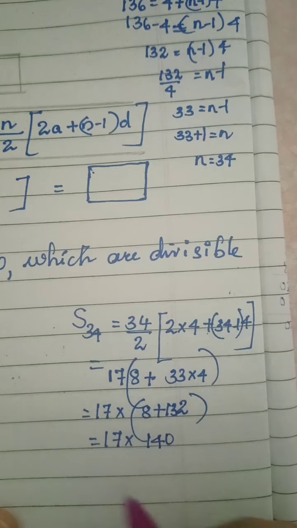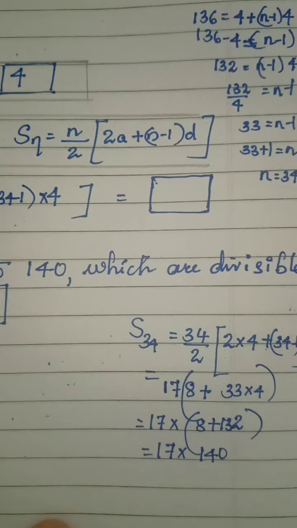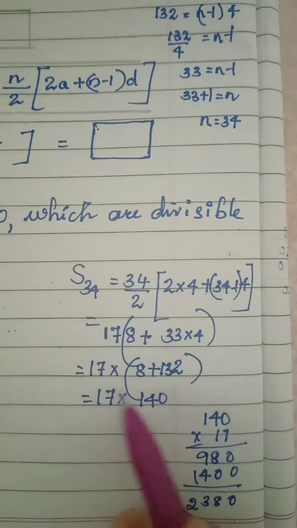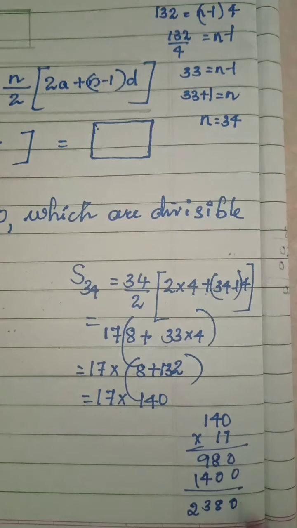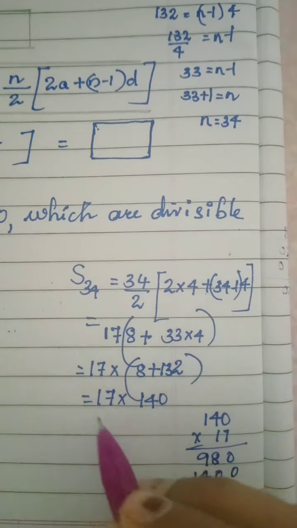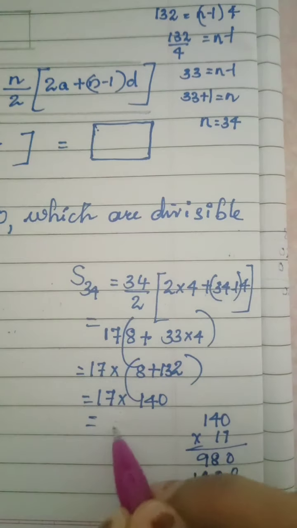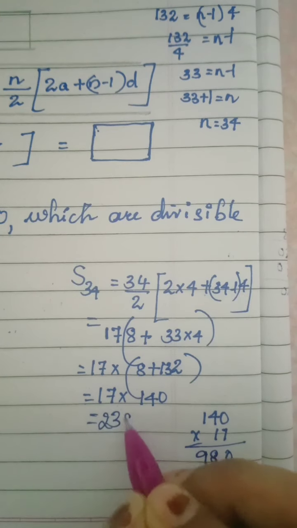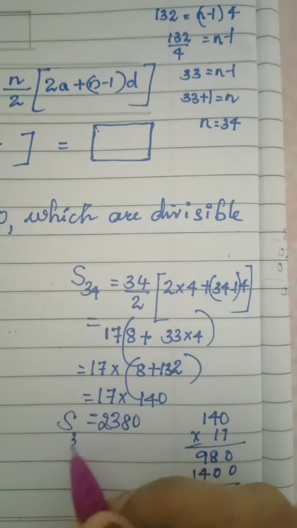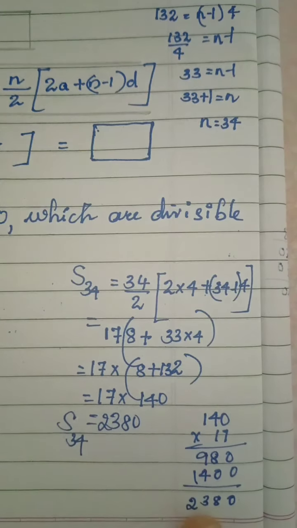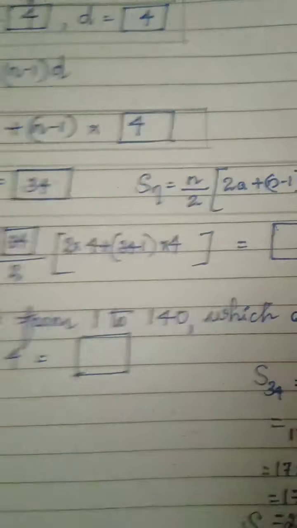Multiply 140 into 17 and get your answer. So when you multiply 17 and 140, working also I have done here. What is the answer that you are getting? 2380. 2380, and that is sum of 34 terms. So you have your final answer. Put that here.